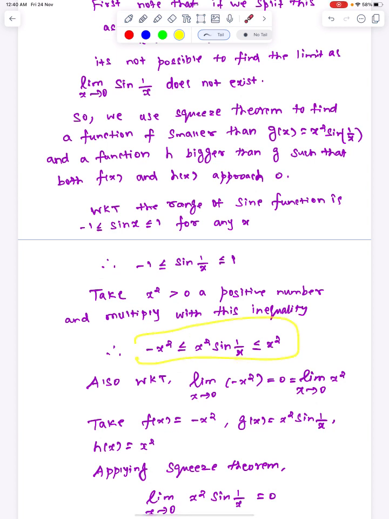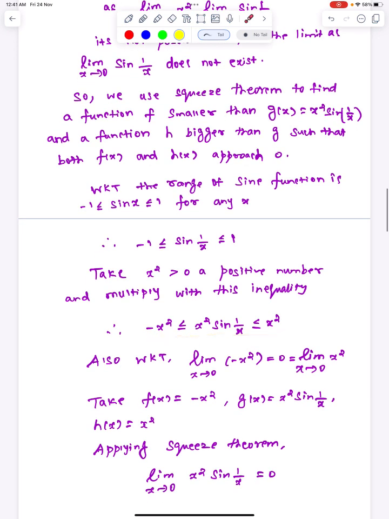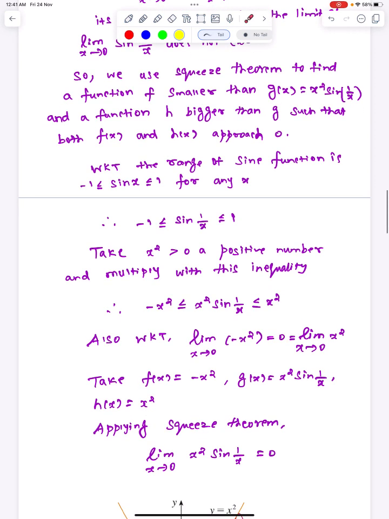So we got this right. Now when we take the limit of all this, the limit as x tends to 0 of minus x square, and the limit as x tends to 0 of plus x square, the value becomes 0.